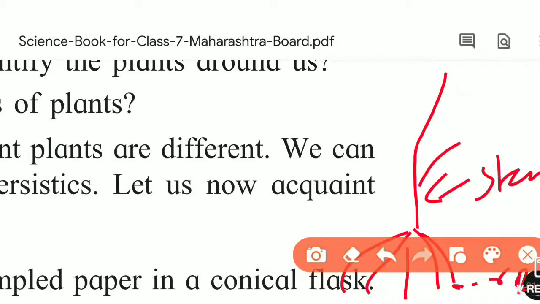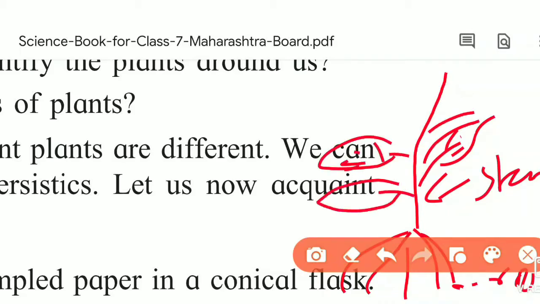Then it has leaves. So these are the leaves. After that it has buds. Suppose this is a bud.